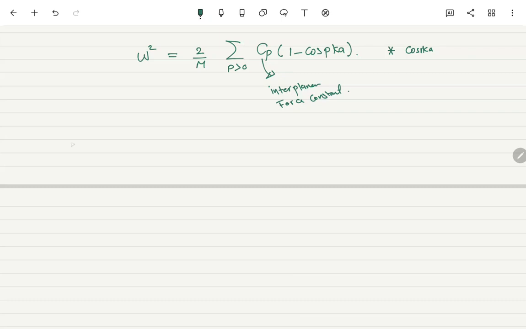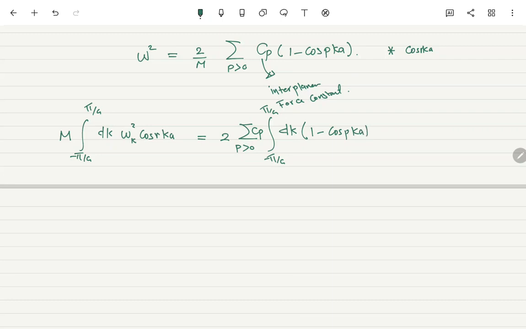In this case here, M times the integration from minus pi over a to pi over a dk omega square k cosine rka is equal to 2 summation p greater than 0 Cp, integral from minus pi over a to pi over a dk 1 minus cosine pka cosine rka. Now this integral vanishes except in the case when p equal to r.